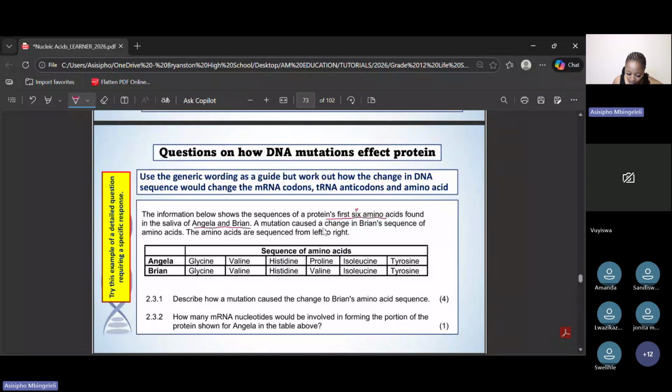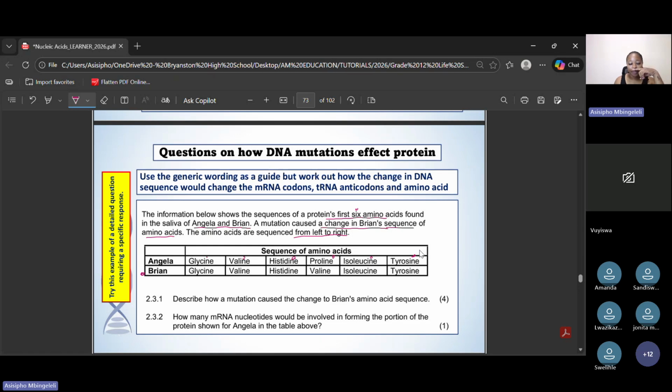A mutation caused a change in Brian's sequence. We are going to focus on Brian. A mutation caused a change in Brian's sequence of amino acids. The amino acids are sequenced from left to right. The expectation for the sequence found in the saliva of the two people should be: glycine, valine, histidine, proline, isoleucine, and tyrosine.